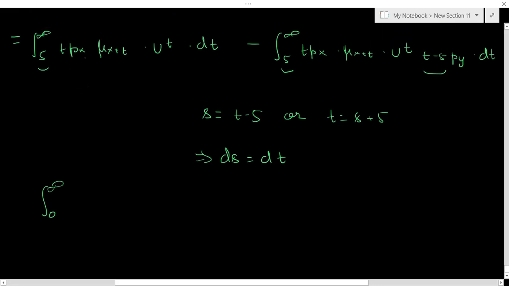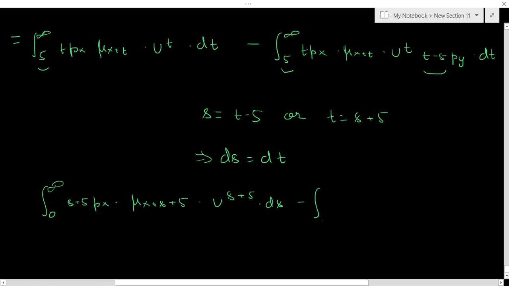Instead of tpx, what will you have? t would be replaced by s plus 5. So this becomes s plus 5 px, and mu x plus t becomes mu x plus s plus 5. So I'm replacing all the t's with s. v to the power of s plus 5, and this becomes ds, obviously.